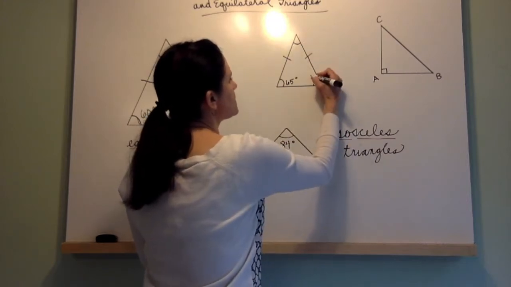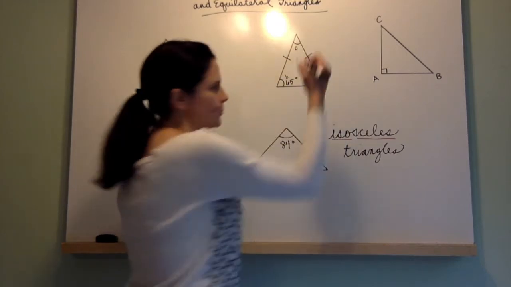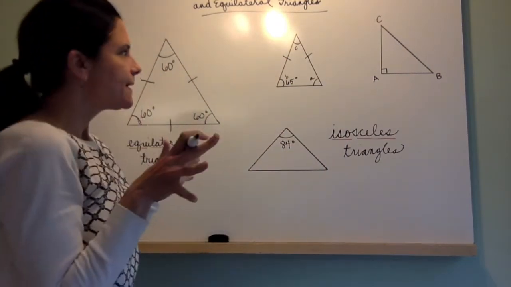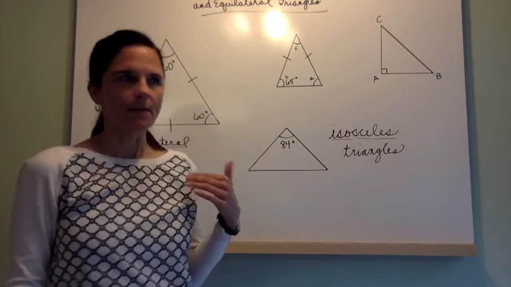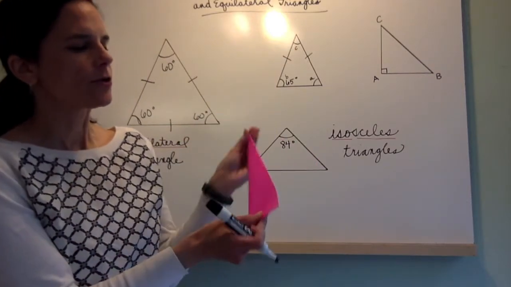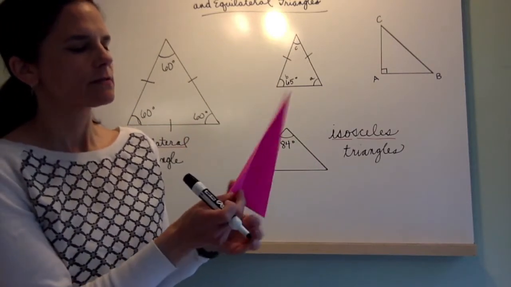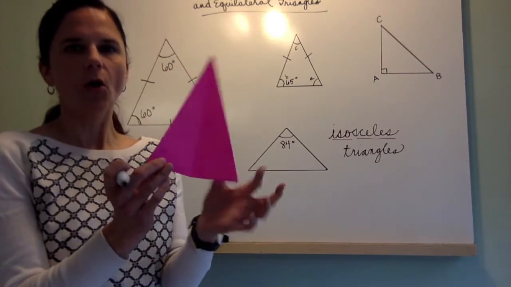Let's name them. Maybe this was angle B, this is angle A, and this is angle C. So let's think back to the property that we learned about isosceles triangles yesterday. Remember the pink triangle? We learned that the 2 angles opposite the 2 equal sides are equal.